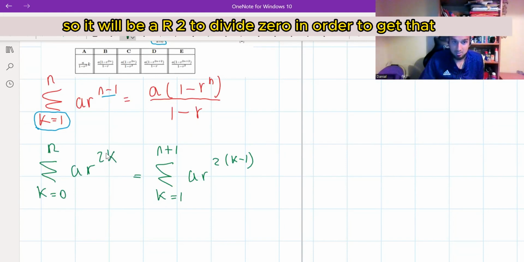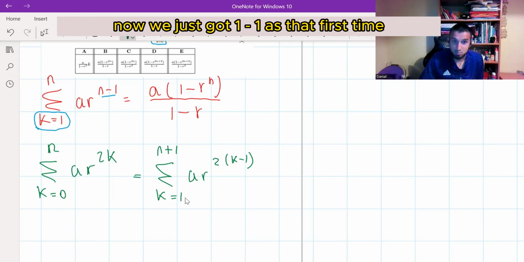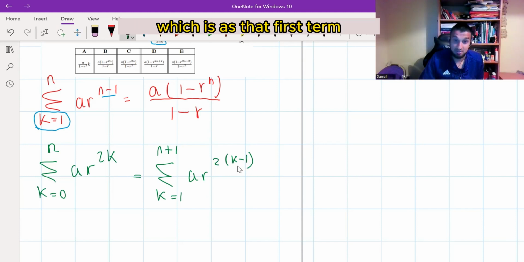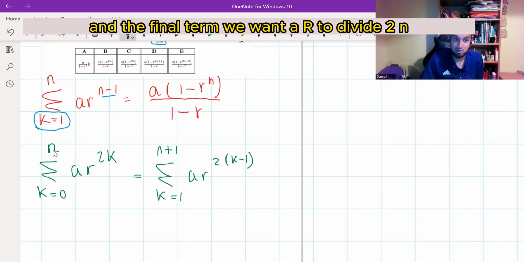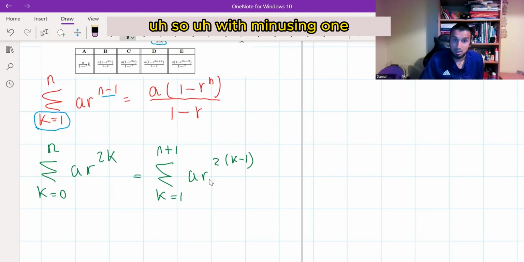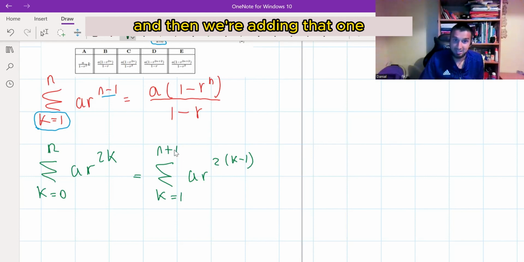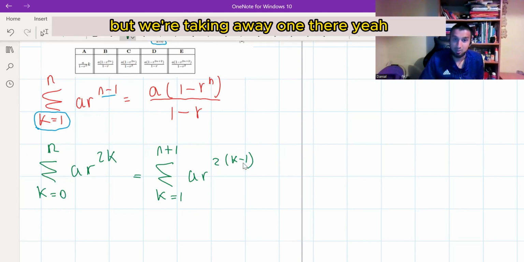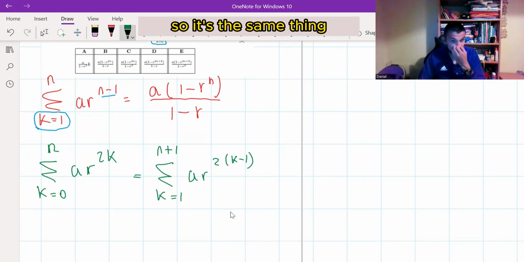So it will be ar^2 to the power of 0. In order to get that, we just have 1 minus 1 as the first term, which is 0. And the final term, we want ar to the power of 2n. So we're minusing 1 and then adding that 1. We're adding 1 here, but taking away 1 there. So it's the same thing.